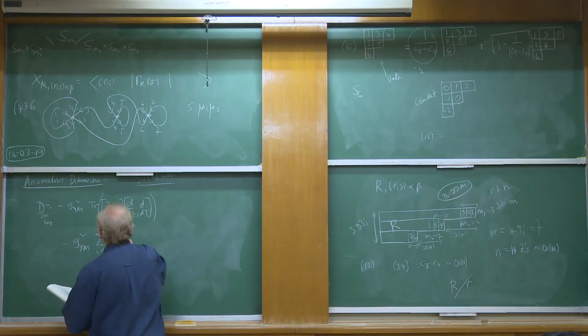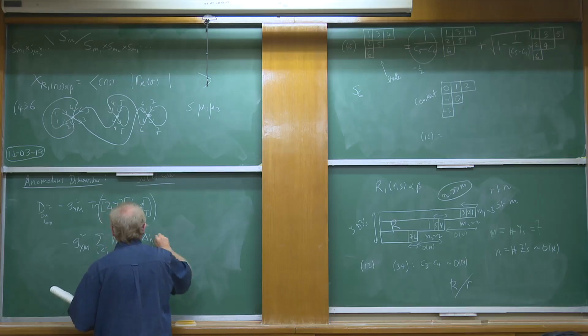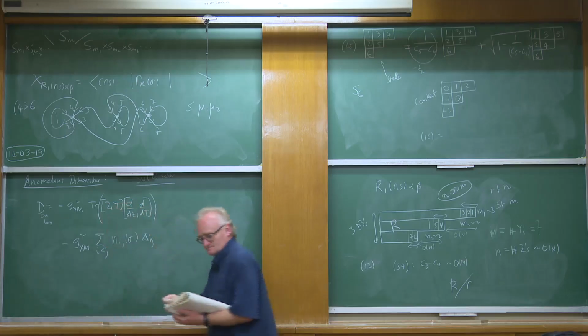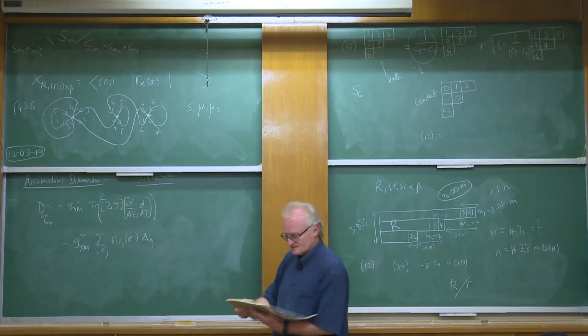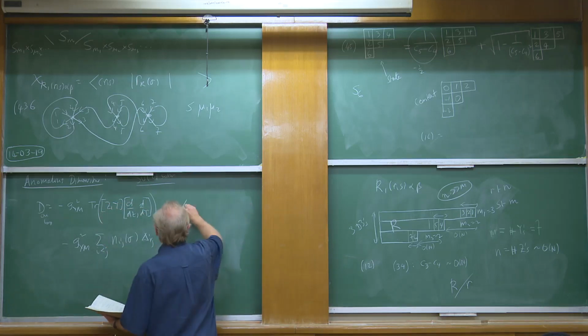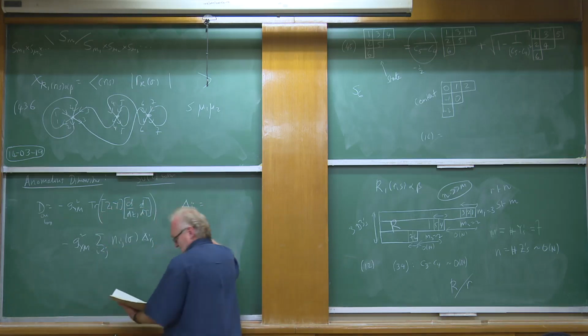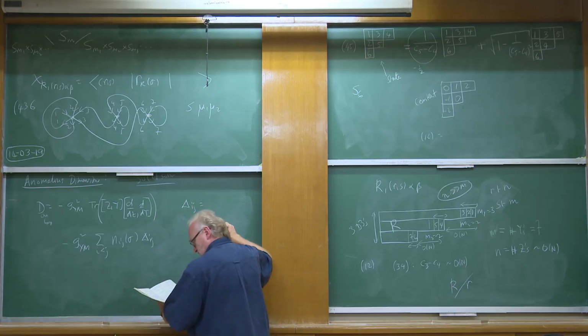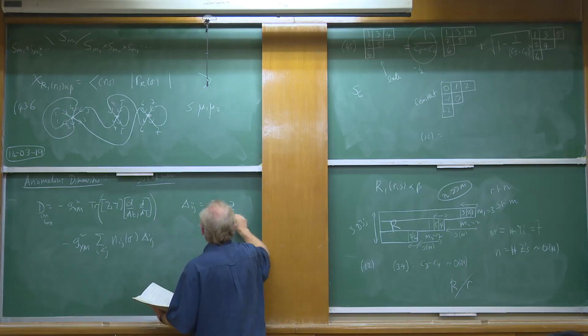And then we've got N_ij of sigma, and we've got delta_ij. And what this delta_ij is, is d by dx_i minus d by dx_j squared, minus (x_i minus x_j) squared over 4.